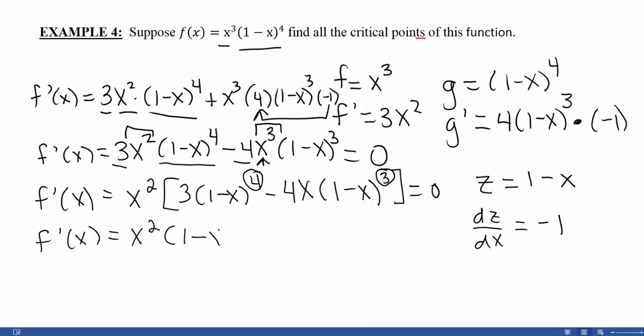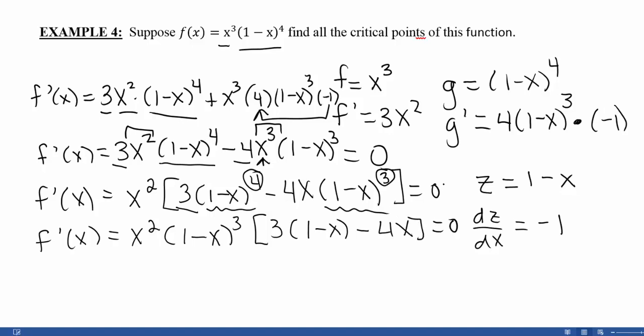The lowest power is 3. So if I pull out a (1 minus x)^3, the first term still has the 3. Now the second term had 4 of them, and I only pulled out 3 of them. So I'm left with a 3 times (1 minus x) minus. Now the second term was (1 minus x)^3, and I pulled out a (1 minus x)^3. So I'm left with a 4x.